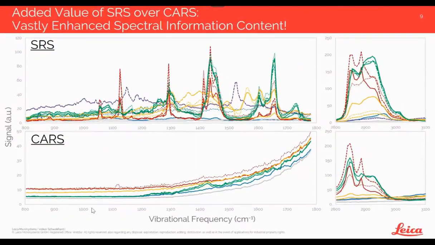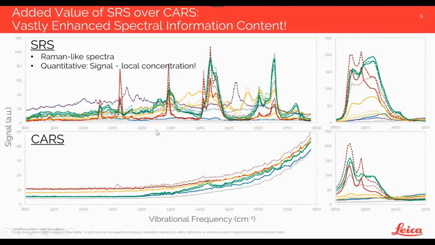Now, this is a place where a word is in order on the differences between stimulated Raman scattering and CARS, coherent anti-Stokes Raman scattering. You can see here spectra recorded from the same sample at the same time. And you can see that parts of the spectrum are present in both modalities, whereas in other parts of the spectrum, highly rich chemical information is present only in the SRS modality, but is almost hidden in the CARS modality.